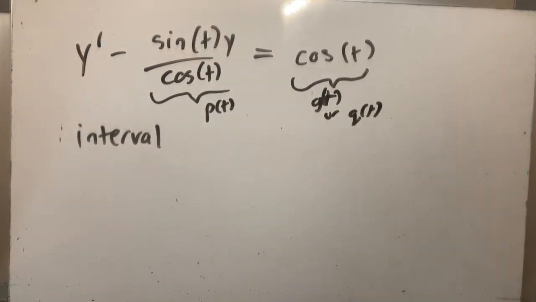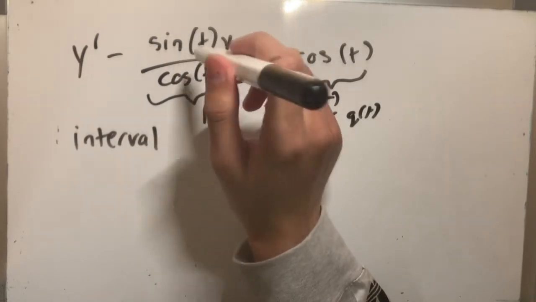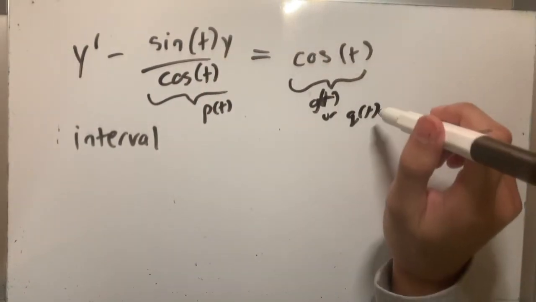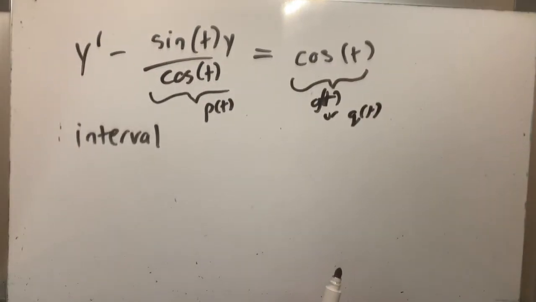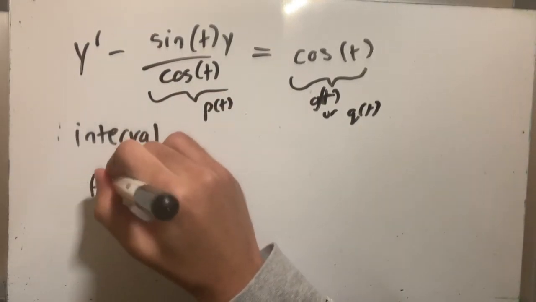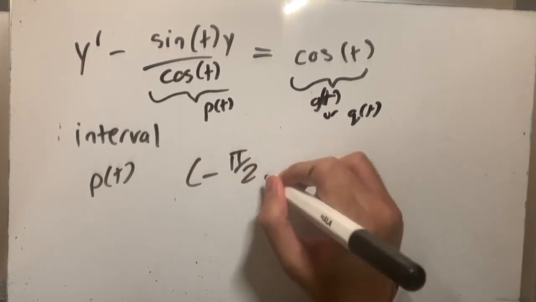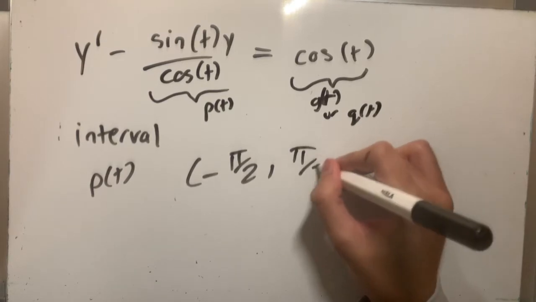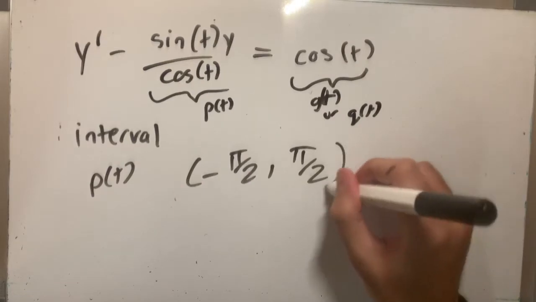differential equation exists, and the way you do that is you find where p of t and q of t are continuous, and you find the intersection of that, basically. So we know p of t is continuous on negative pi over 2, because that's where sine of t, my bad, is continuous.